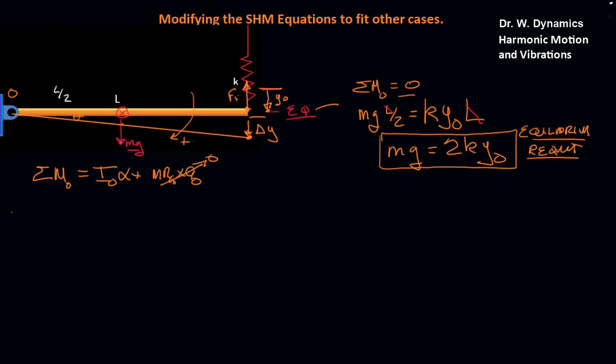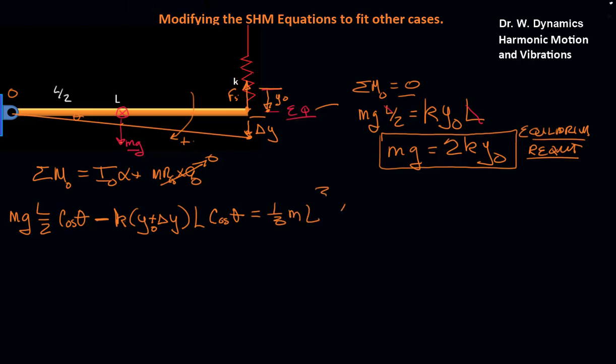And we get mg L on 2 cosine of theta for the weight, minus k (y0 plus delta y) L cosine of theta, is equal to 1/3 m L squared alpha.